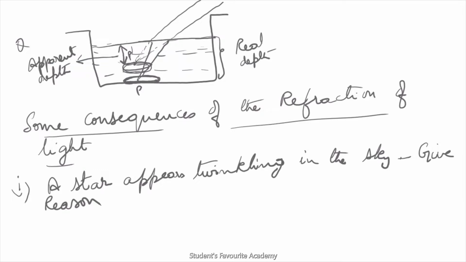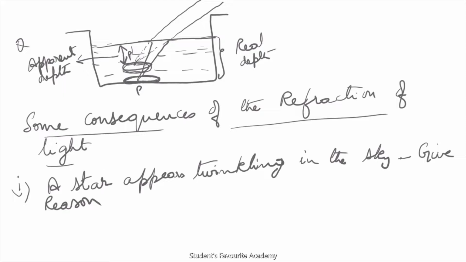The light ray traveling passes through different denser and rarer media, and at every place it undergoes bending of the light ray, because of refraction. So that is why we see the image of the star, and because of the shift in the image, we feel as if the star is twinkling.